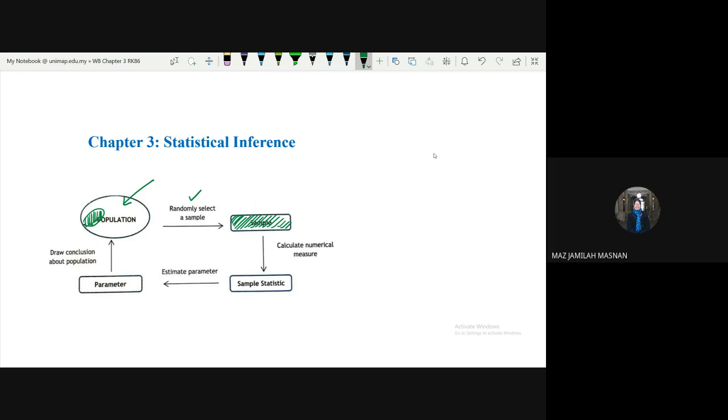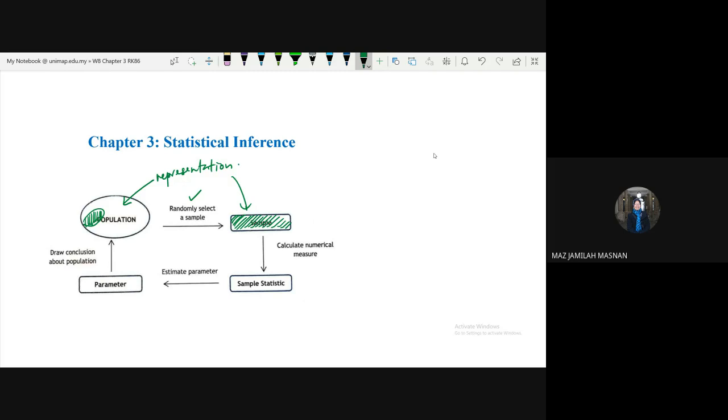We select them randomly, to make sure that our sample is a representation of our population. So that's why we need to make sure that the way we choose our sample follows a random procedure.